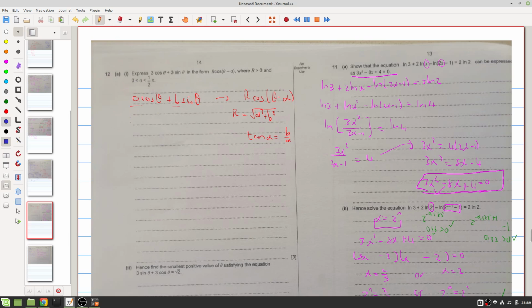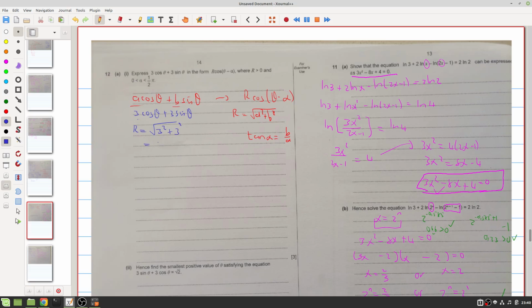Now let's apply that. In our case, we've got 3 cos theta plus 3 sine theta. So r is going to be the square root of a squared plus b squared, 3 squared plus 3 squared.